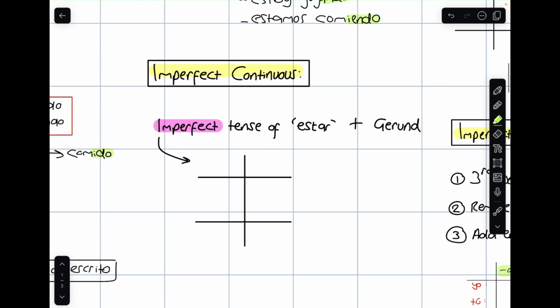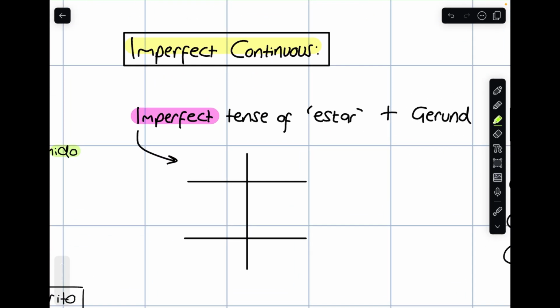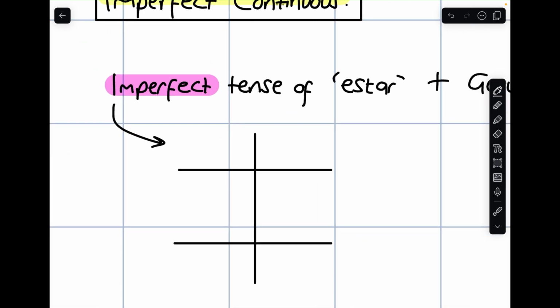Next up is the imperfect continuous tense. Very similar to the present continuous tense, apart from this time we're talking about what was happening. For example, rather than saying I am speaking, the imperfect continuous version would be I was speaking. Now in this case, we need the imperfect tense of estar rather than the present tense.